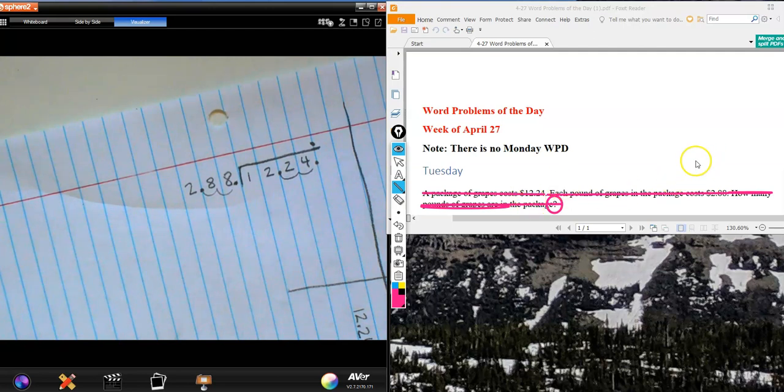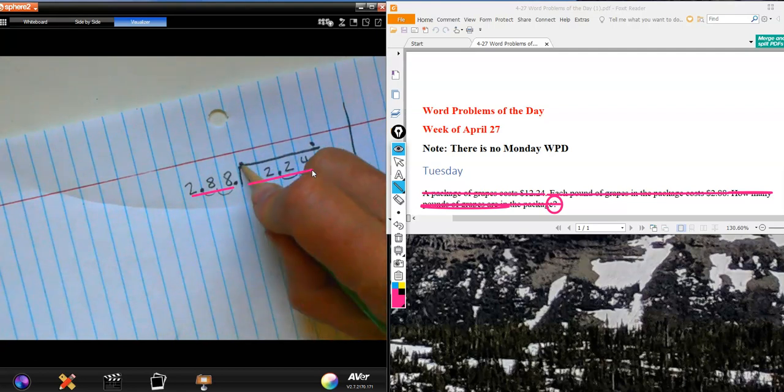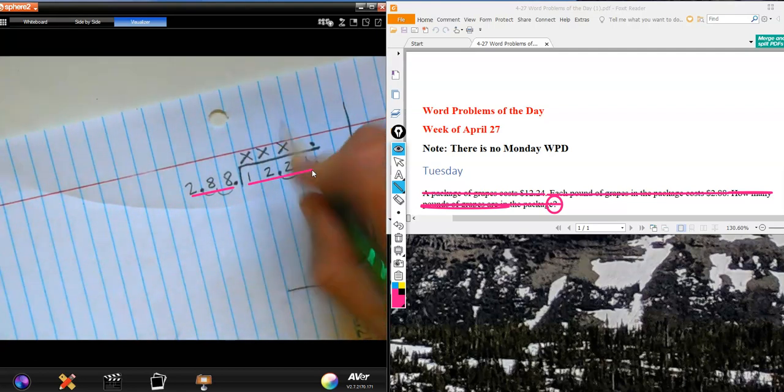So now I have 288. I can't really divide with 1. I can't really work with 12, but I can't even really do 122. I have to go all the way out to 1,224. So I'm going to put X's on top of everything.